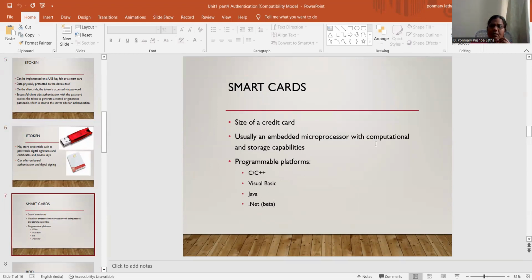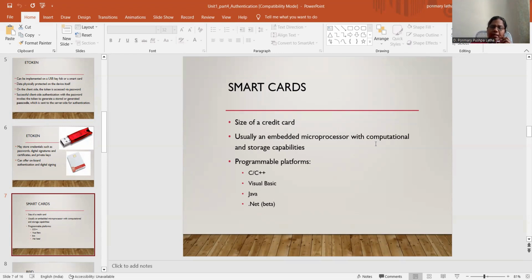Smart cards are the size of a credit card. A smart card has an embedded microprocessor with computational and storage capabilities.